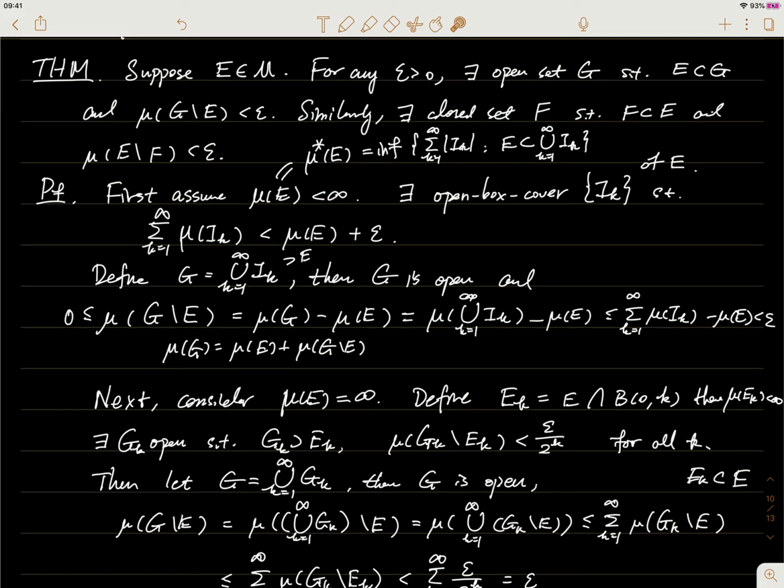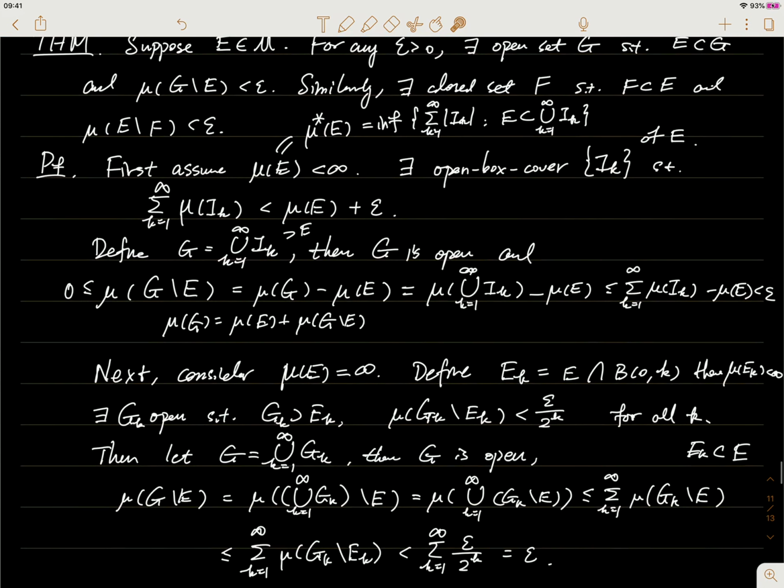But inside, the intersection of G_k and the E complement is the same as the difference between G_k and E. Okay, and now according to the subadditivity, this is a union, and I can pull it out. And since I don't know if they overlap, we'll just put less than or equal to the sum of these measures.